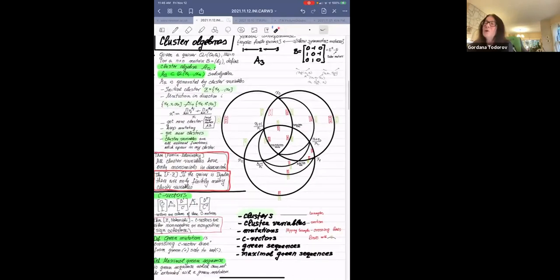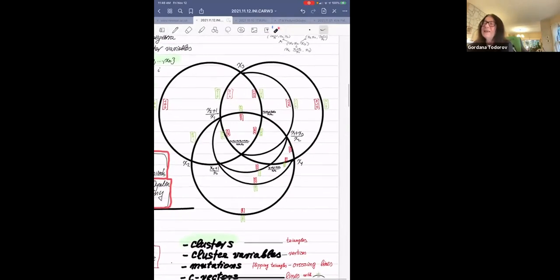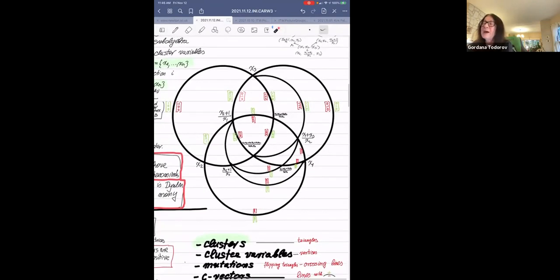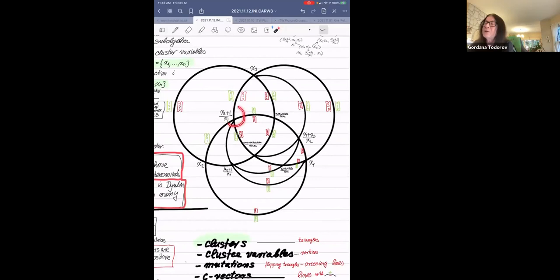But I want to talk about the picture. Notice it is the same picture as my semi-invariant picture that I just had previously, but now I'm labeling. So each of the vertices is labeled by a cluster variable. So these are the rational functions, which are cluster variables. I have the initial cluster x1, x2, and x3.